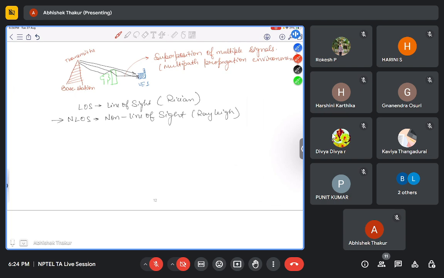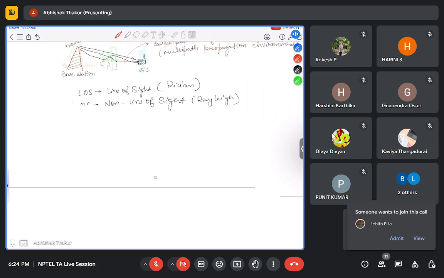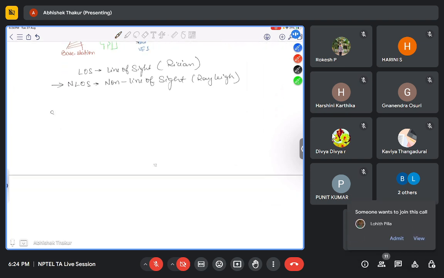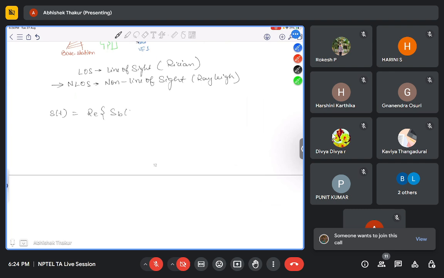Let us start by considering the transmitted passband signal s(t), which is transmitted across a wireless channel. Such a passband signal can be described analytically as s(t) is equal to the real part of s_b(t), the baseband signal, times e to the power of j 2 pi f_c t.